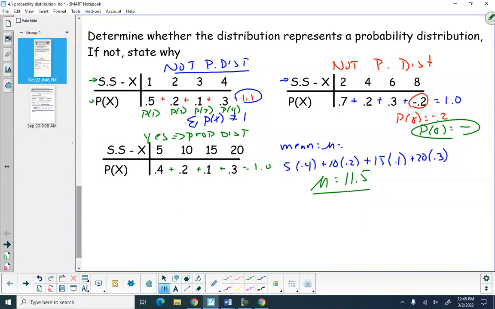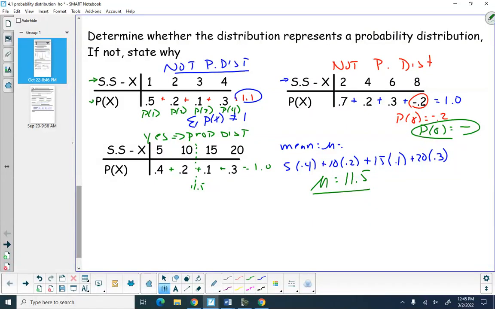What we talked about before with respect to the mean is that it is a central tendency. It is a number that's in the middle of all the rest of the numbers. Well, 11.5 would be closer to 10 than it would be to 15.